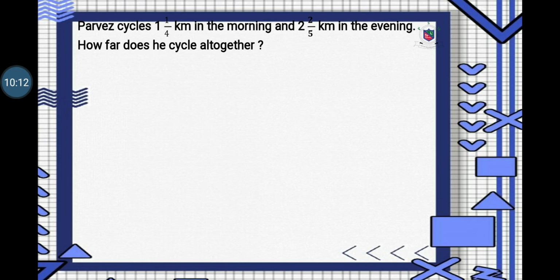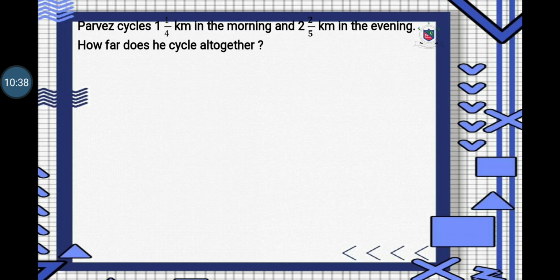Let's solve one example. We have a question: Parvez cycles one whole 1 upon 4 kilometer in the morning and 2 whole 2 upon 5 kilometer in the evening. How far does he cycle altogether? According to the first step, to solve the word problem, we have to understand the problem.